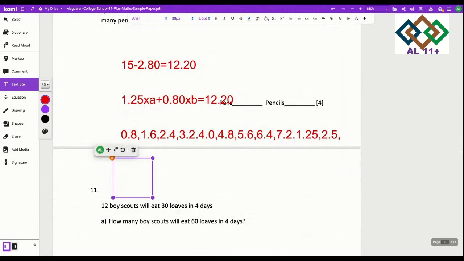I'll continue after 2.5 here. Then you have, you keep going.